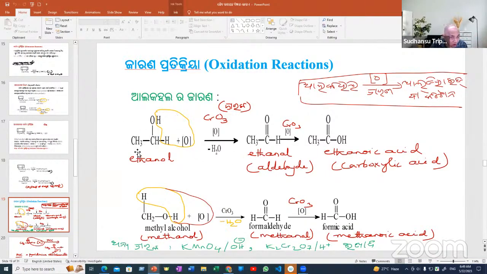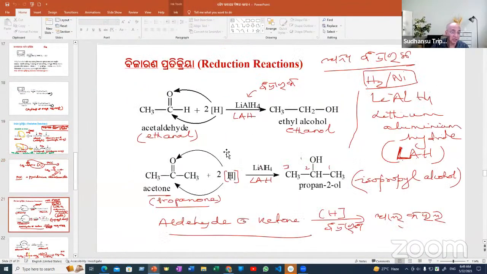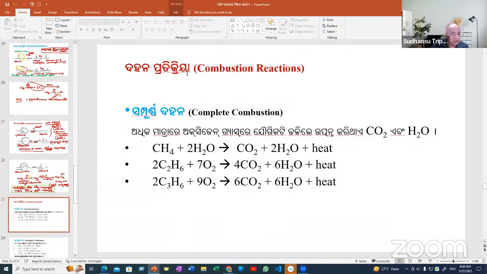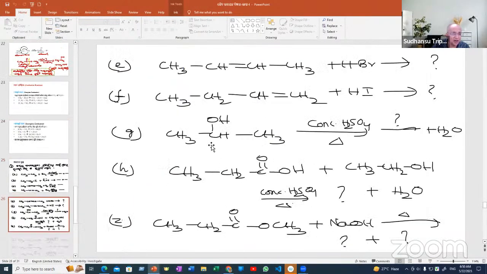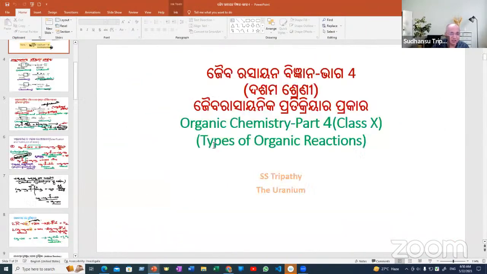Because the starting organic compound will be oxidized. Of course, the oxidizing agent will be reduced, but we don't say redox reaction. Similarly there is reduction. So these are the 5, and then combustion, which we know from inorganic chemistry, but it is also applicable to organic compounds. So these are the 5 types we'll be using.